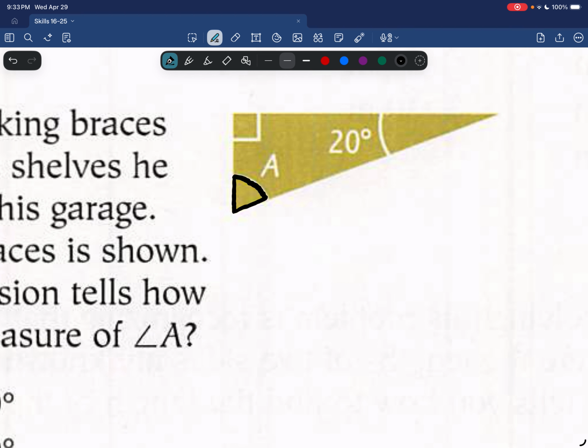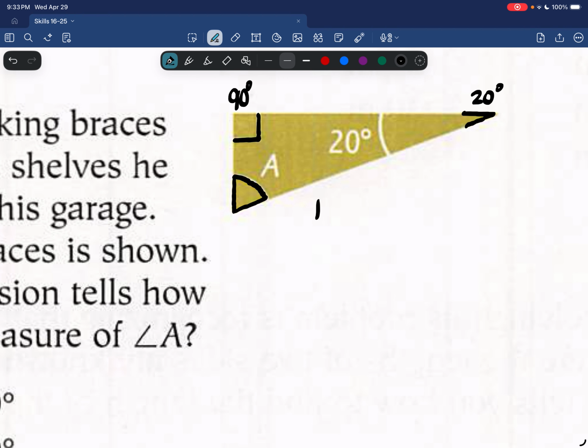It's a cute little angle, but it's not tiny. I know that this one is 90 degrees. It's that perfect corner. And they tell me that this one, I like to look at it out here because then you can really see that it's a cute little angle, is 20 degrees.